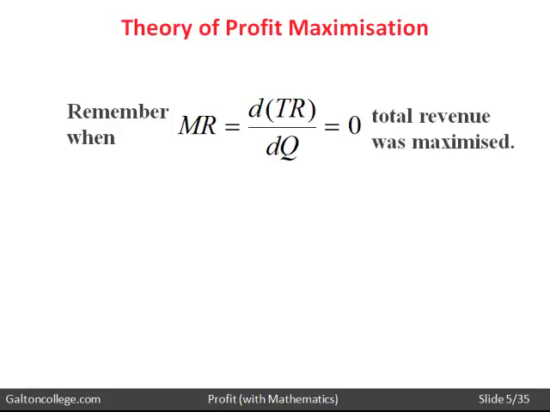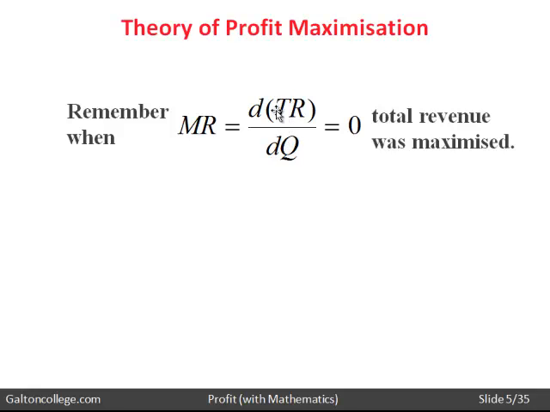Now, in terms of calculus notation, let me just put the cursor onto the screen. Here we go. Here's marginal revenue, and here is a very small change in total revenue over a very small change in quantity. So when we divide the change in total revenue by a very small change in quantity, that's really what we call the calculus, the first differential of total revenue.